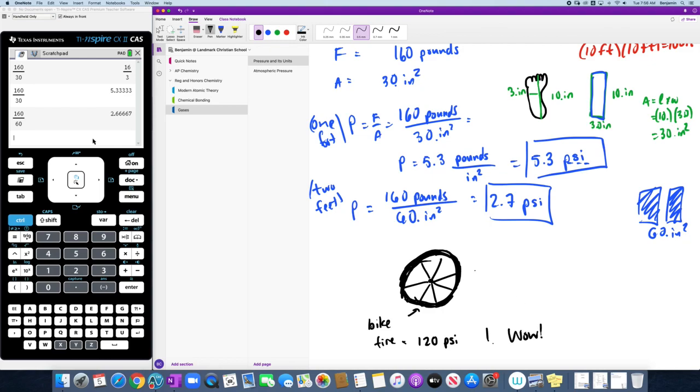If you think about what that means, if you could get inside the tire and look around, if you were really, really small and you shrink down, you get inside the tire and you look around, every square inch on the surface of that tire, you look around and you find a square inch on the inside of that tire. Every single square inch in there has a pressure of 120 pounds, a force of 120 pounds on every square inch on the inside surface.